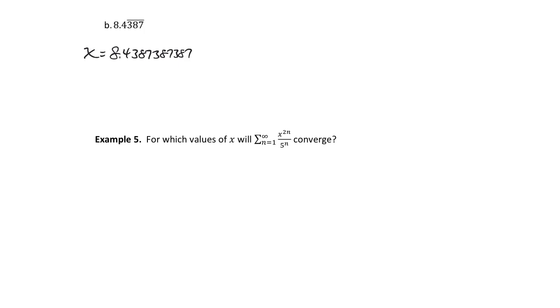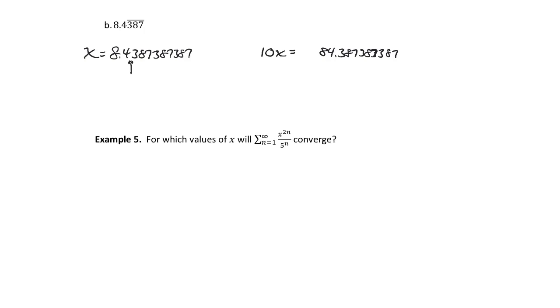The first thing I'm going to do is multiply by a power of 10 that will put the decimal point right before the first repeating part. My goal is to get it to here because the repeating part is 387. So if I multiply that by 10, I'm going to do this on a second line to save space up top, we're going to end up with 84.387.